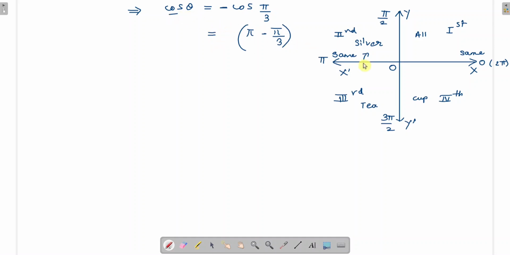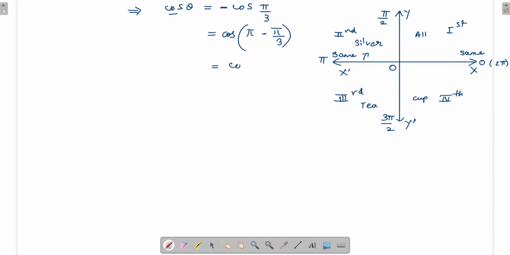Whenever you go to the second quadrant, cos is negative, so you will get minus sign and the ratio cos will remain as cos. So this is the correct expression that we have written here.